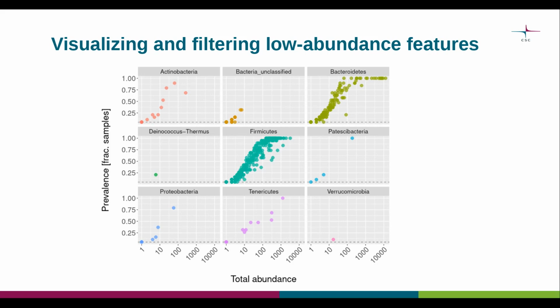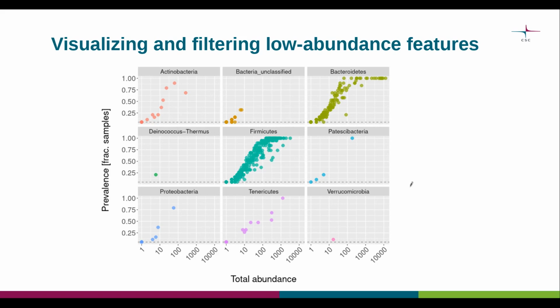The y-axis corresponds to prevalences shown as fractions in relation to total sample numbers. The y-axis values range from 0 to 1 at increments of 0.25, with 1 corresponding to 100%. So, for example, if a given taxon has a value of 0.05 on the plot, it occurs in 5% of all samples included in the dataset.